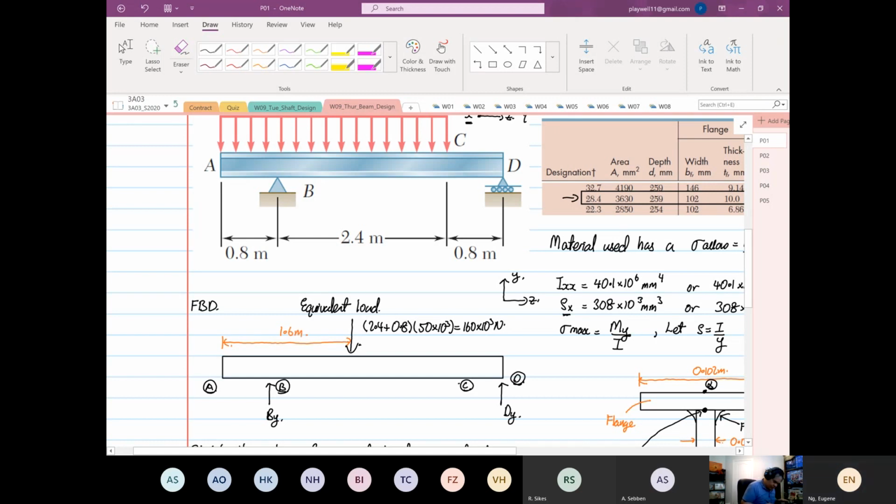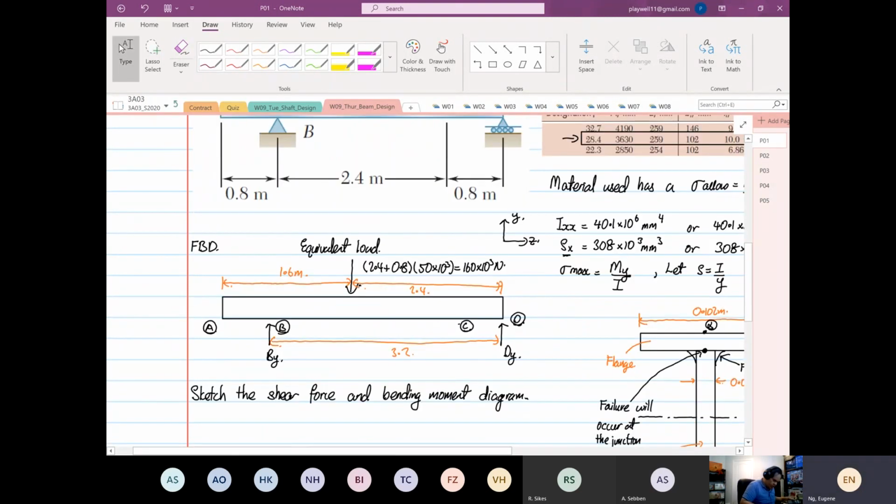From here to here, the overall length is 0.8 plus 0.8 plus 2.4 minus 1.6, which is equal to 2.4, not 3.4. Then the distance from here to here, so you get your distance right first, is equal to 3.2.